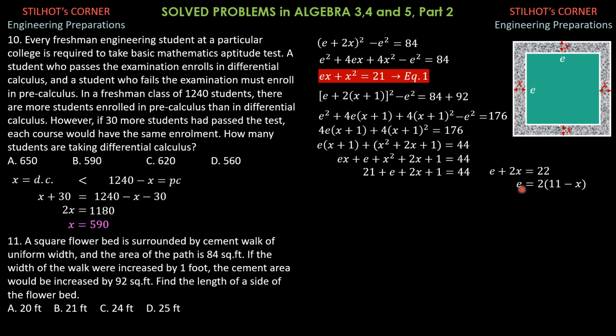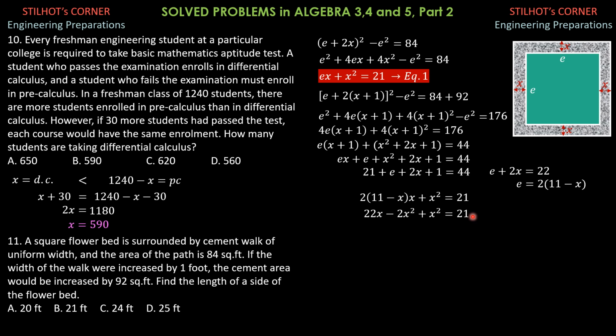Then we substitute this e into equation 1. So 2 times quantity 11 minus x, times x, plus x squared equals 21. Distribute. That's 22x minus 2x squared plus x squared equals 21.